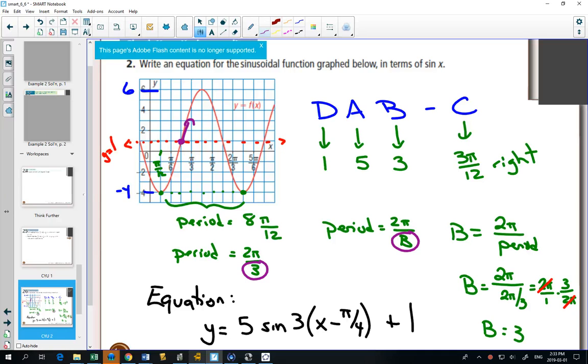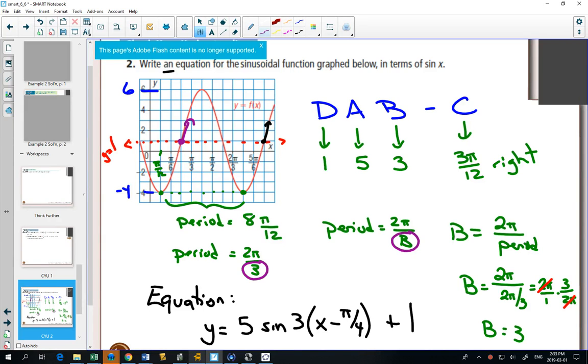This question said write an equation because there is more than one right answer. If you wanted to write another equation, is there any other points where it's on the center line going up? You could have done a bigger translation.